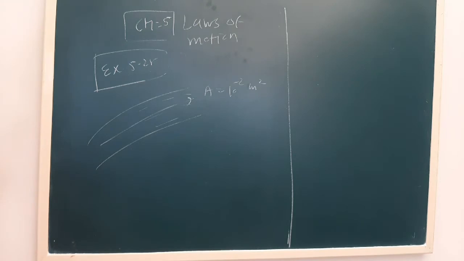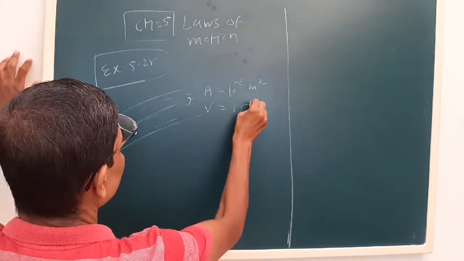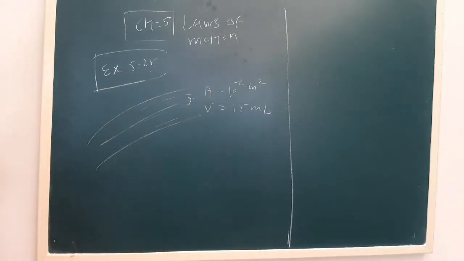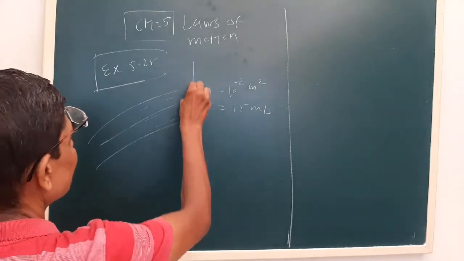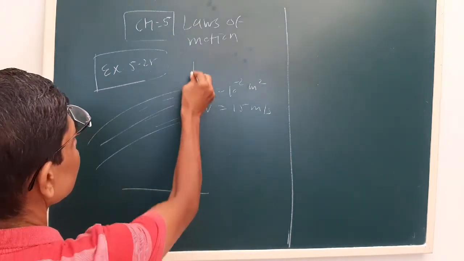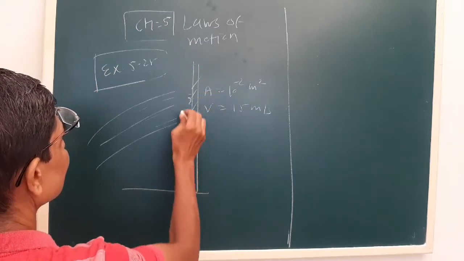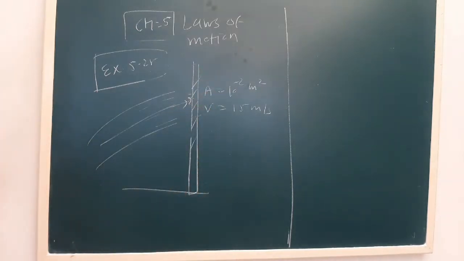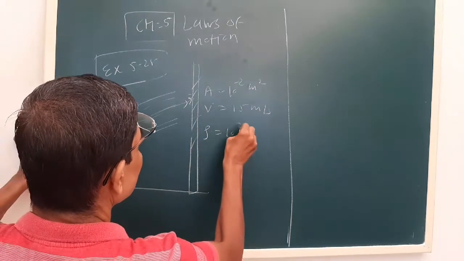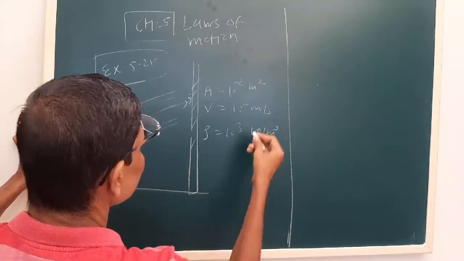Okay, now see, the velocity of the water is 15 meter per second. Okay, now see, there is a wall. We can say the water collides. Okay, so what is the force acting on the wall due to force of water? Okay, now see, water density we have to consider 10 to the 3 kg per meter cube.